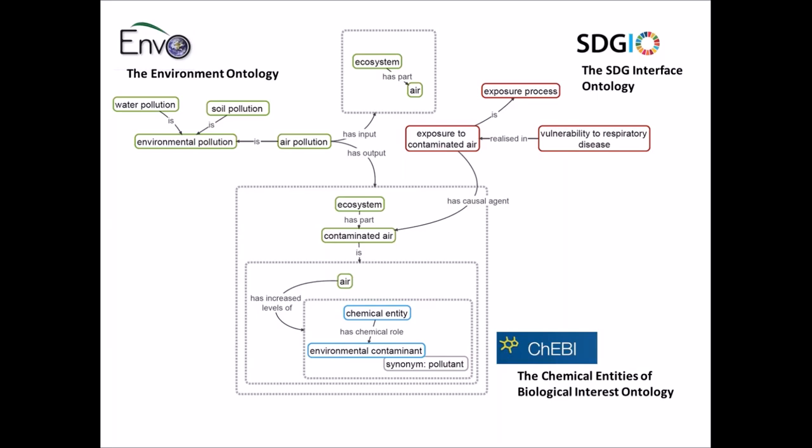Now, if we connect air in much the same way, we know that air is a part of an ecosystem, an atmospheric ecosystem, and of course, there are processes that end up polluting that air, which are encoded in ENVO and imported into SDGIO.